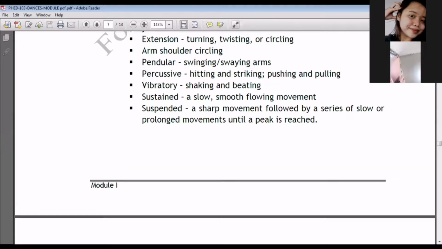Wait, I think I have here. I downloaded, I think, a YouTube example of this one. I'm not sure if I was able to download it. Wait a while. Wait lang, guys.